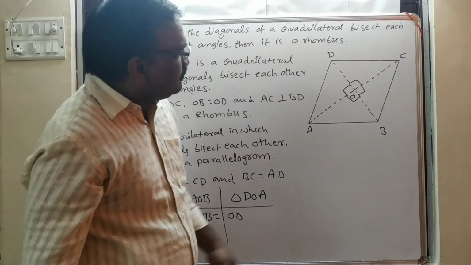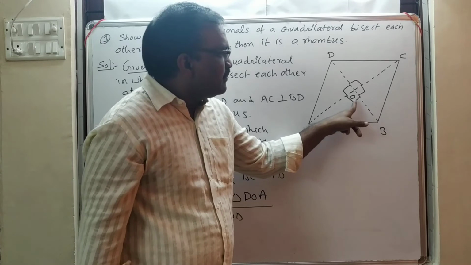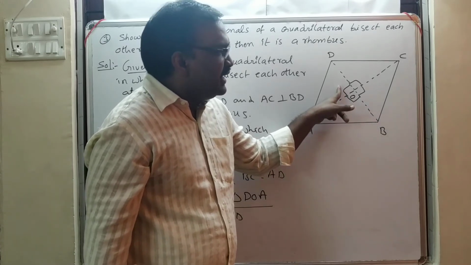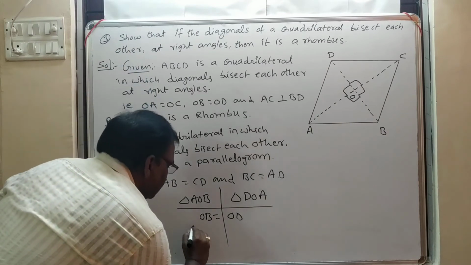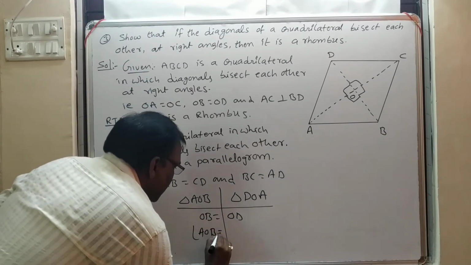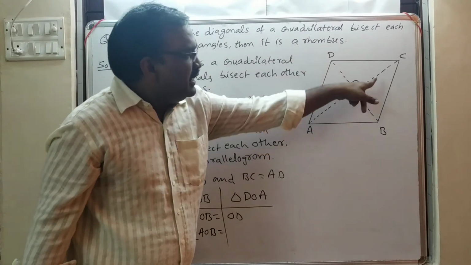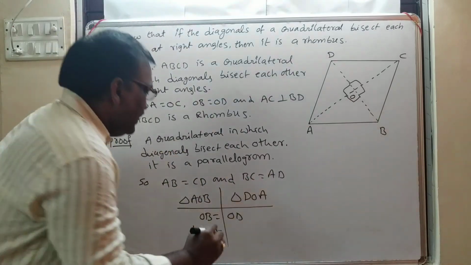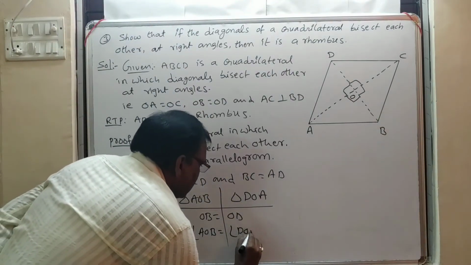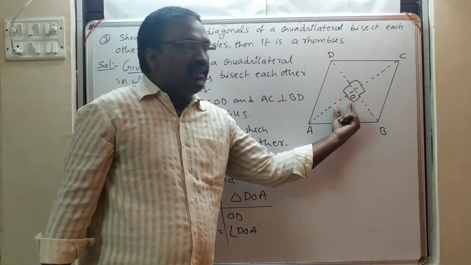Next, what is this angle? The diagonals bisect each other at right angles. This angle is equal to this angle, 90 degrees. Angle AOB is equal to angle DOA, 90 degrees. Why? Because the diagonals are perpendicular. And one more condition, OA is equal to OA, the common side.